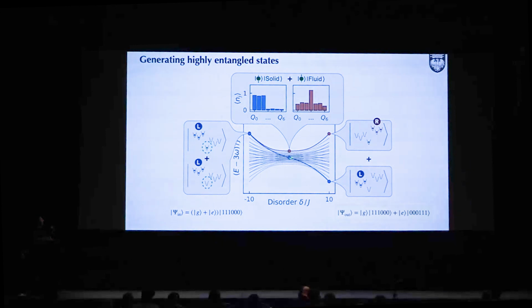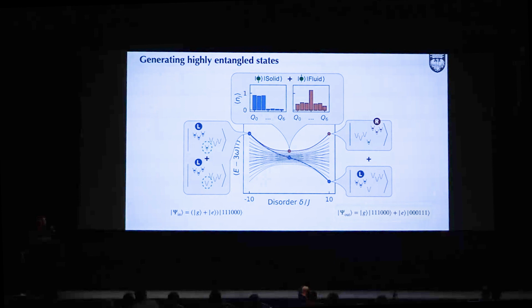By doing this conditional melting preparation scheme, we can now prepare our lattice in a coherent superposition of being both in a solid or incompressible phase if the ancilla is in the ground state, and in a fluid phase if the ancilla is in the excited state. And if we come back to our disordered configuration, this is how we recover our highly entangled state.